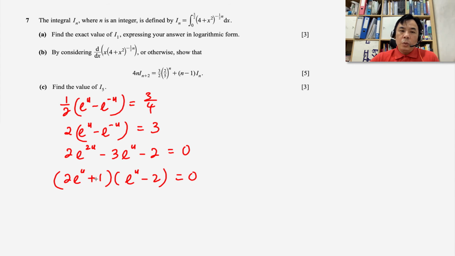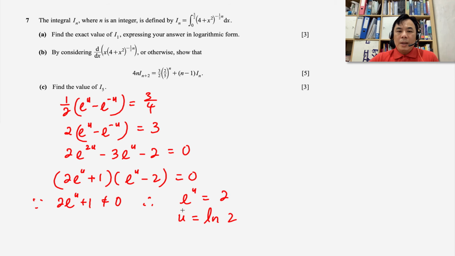And then we know that we cannot accept this result, 2e^u plus 1, because 2e^u plus 1 cannot be equal to 0. Therefore e^u must be 2, so u must be ln 2. And then again, what is u just now, right?